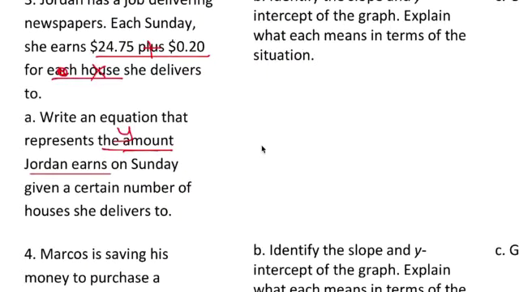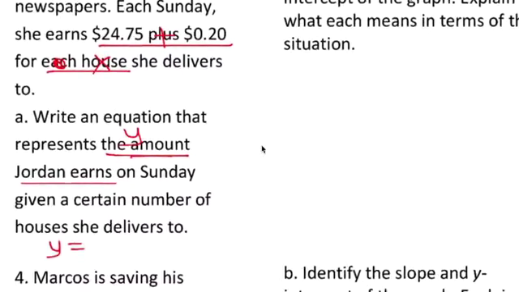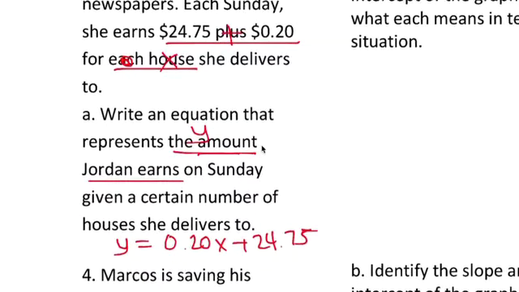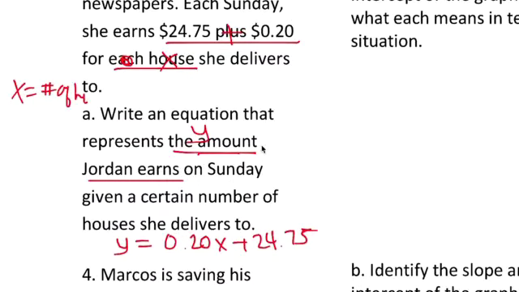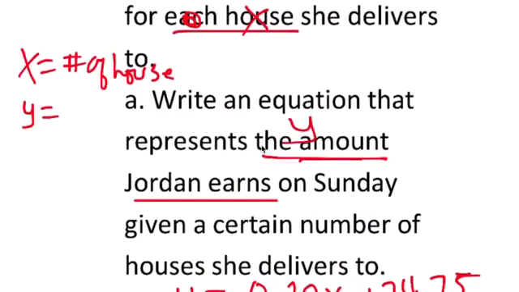Okay. y equals... Oh, I didn't leave room for the meaning. 20 cents per house that she delivered to, plus the $24.75 she earns. Okay. x is the number of houses she delivers to. y is the amount Jordan earns, her salary, what she earns without delivering to any home.